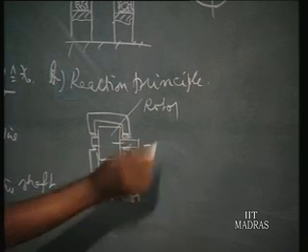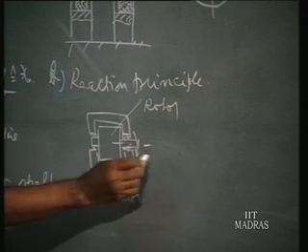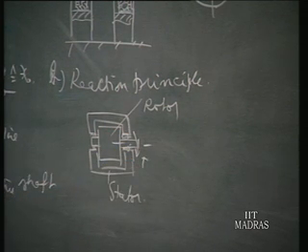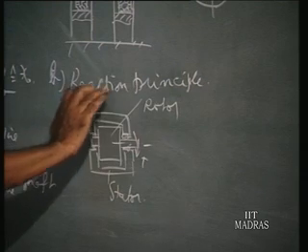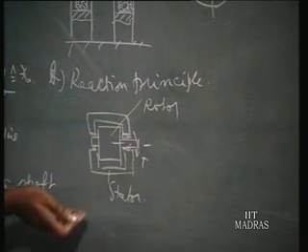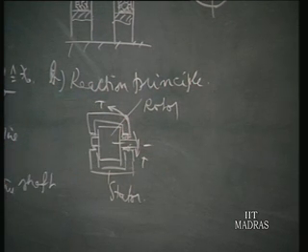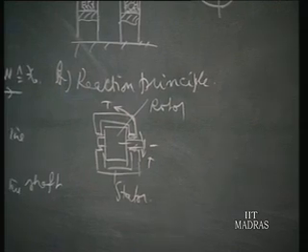This is shaft. Now, when a torque is developed in a rotor, the basic principle behind this is, when a torque is developed in the rotor, the reaction will be felt in the stator in the opposite direction. This is the principle, action and reaction.